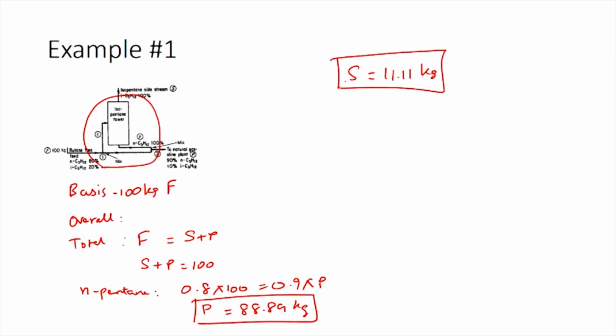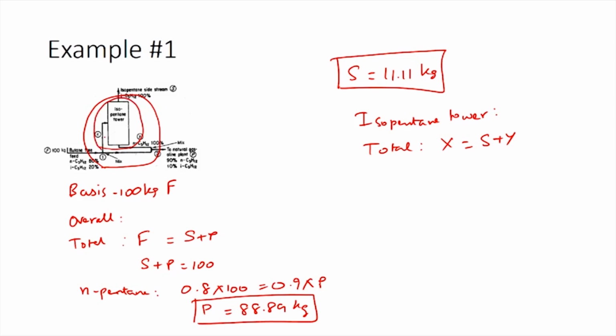Now, we can choose a different system to calculate what fraction of this feed enters into the isopentane tower, which would be the mass of x from where we have to calculate this fraction. For this, you can use the isopentane tower as the system of interest. When we choose the isopentane tower, the total balance would become x equals S plus y.